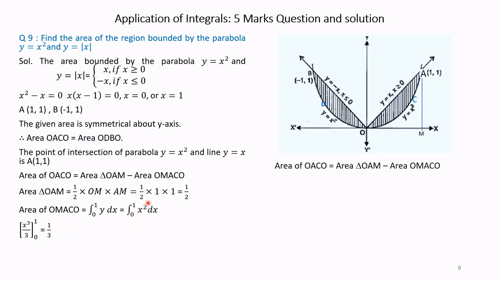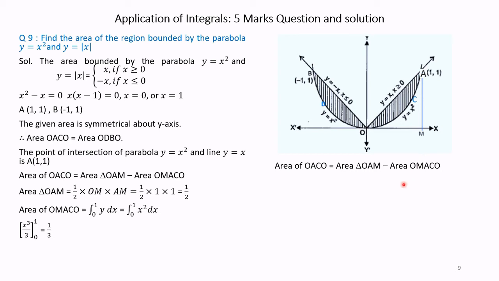Therefore, area of OACO is equal to area of triangle OAM minus area OCAM.